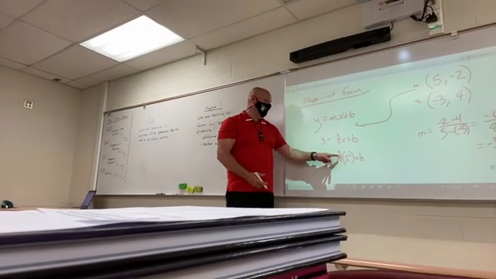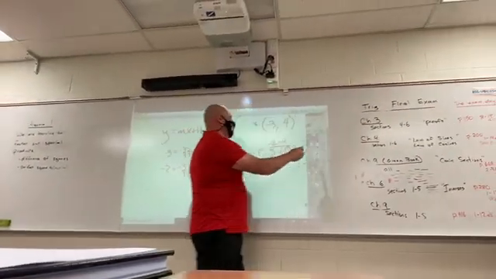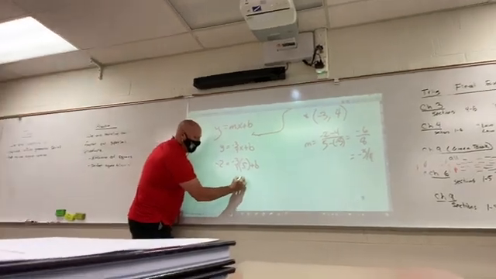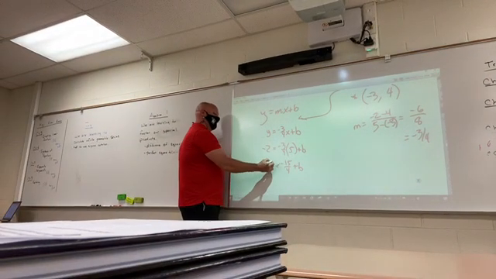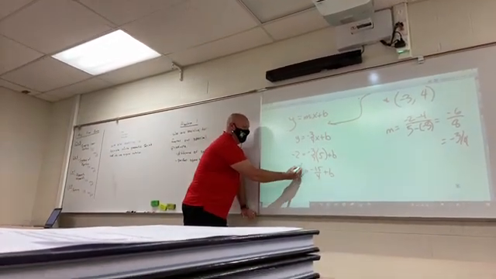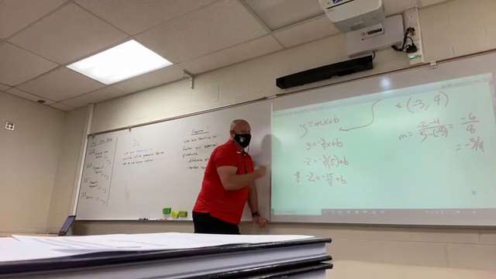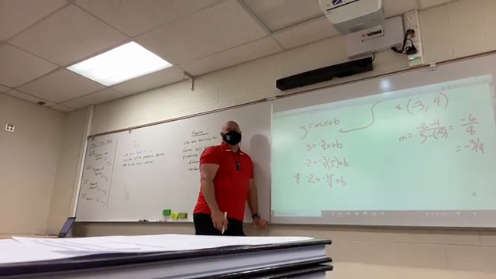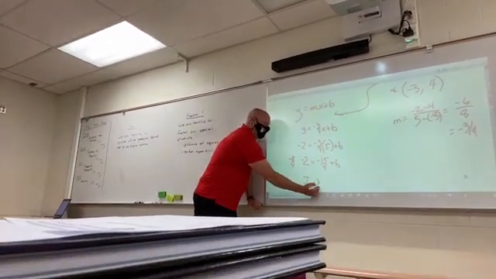So this one I would multiply. 5 times 3 is 15. So I'd get negative 15/4 plus b. I have to add that to the negative 2. And the negative 2 is the same thing as negative 8/4. So 15/4 minus 8/4 would be 7/4, and there's my b.